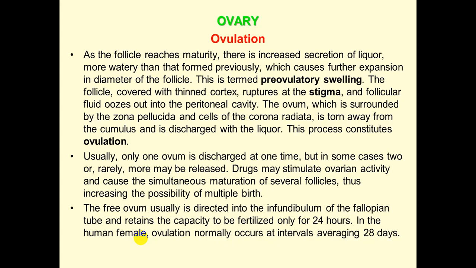And these fingers catch this free ovum and direct it to the ampulla region. And here, during the next 24 hours, the ovum has to be fertilized by the sperm cells, which can reach this ampulla region of the fallopian tubes.